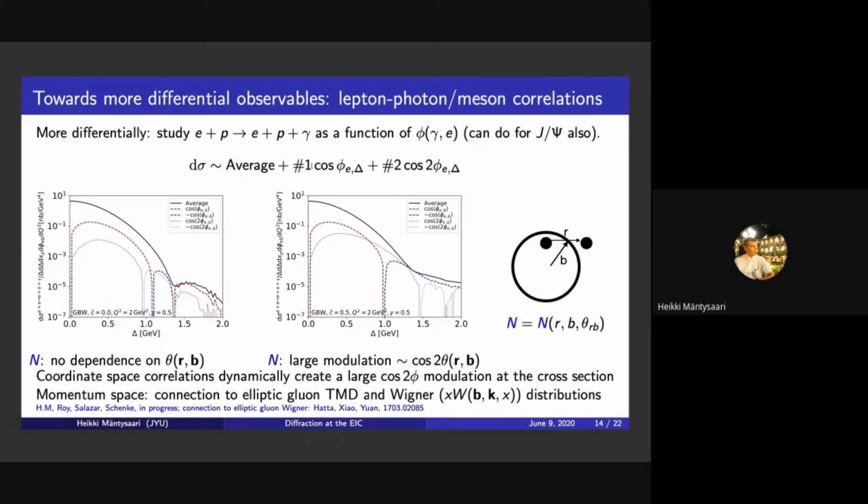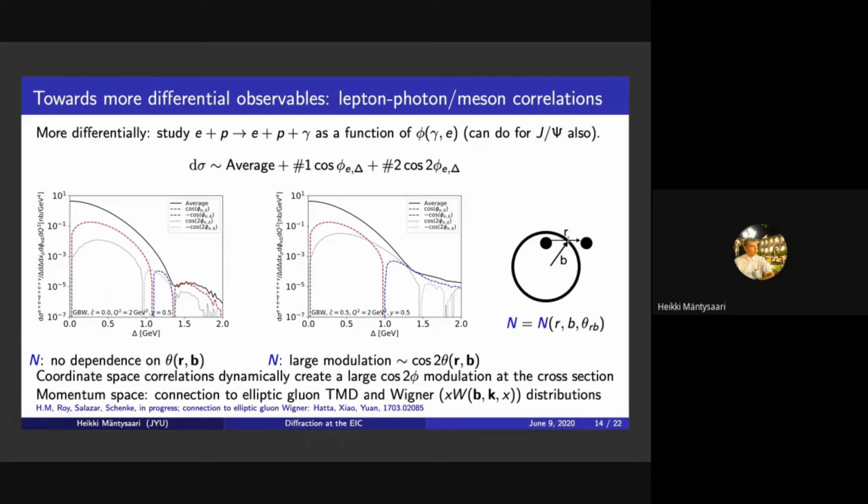And now this is interesting because it kind of shows how some structure that you have in the coordinate space, or some dynamics in coordinate space, how that propagates to momentum space. So basically, you remember I have this dipole amplitude that tells me how a dipole with size r interacts with the proton or nucleus, and then b is the impact parameter, so the distance from the center to the center of the dipole.